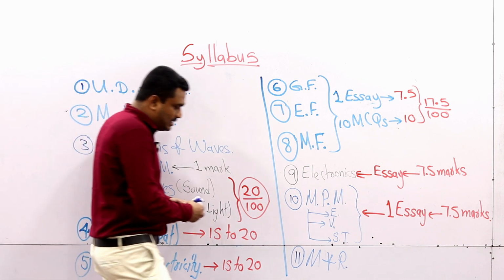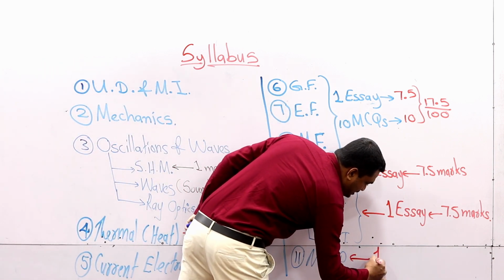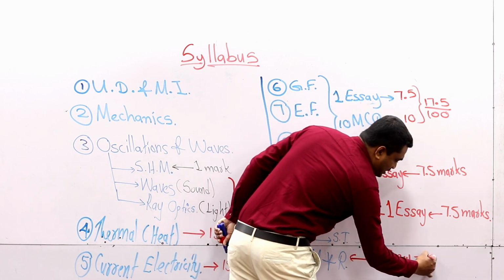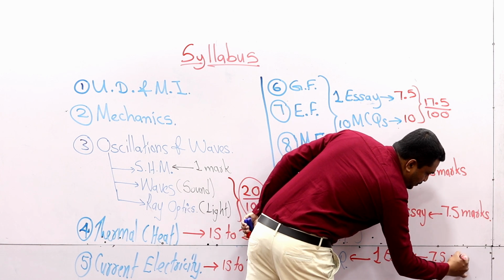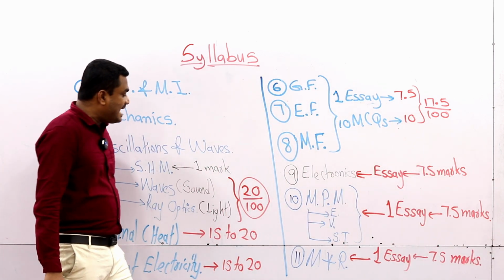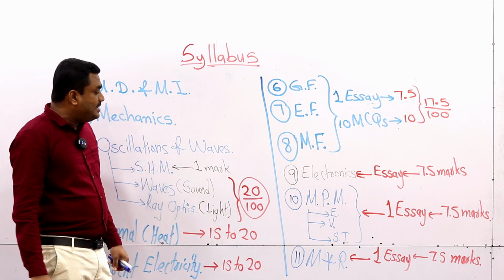One essay from matter and radiation means, again, 7.5 marks. Got it, dear? Now let's add our marks.